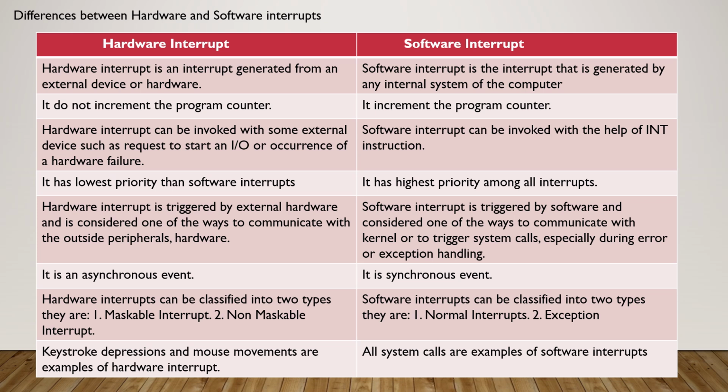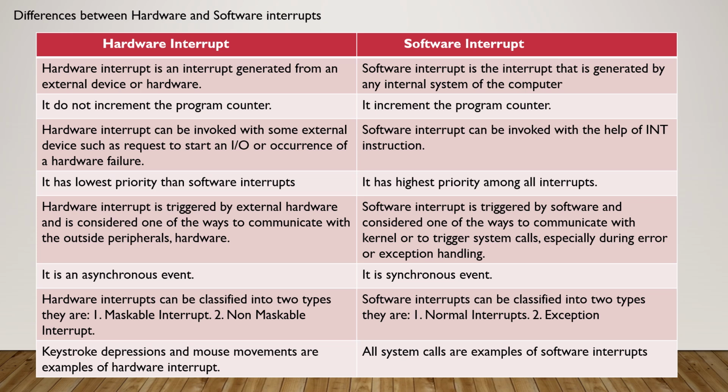A software interrupt can be invoked with the help of INT instructions. The hardware interrupt has lower priority than a software interrupt. The software interrupt is high priority among all the interrupts.